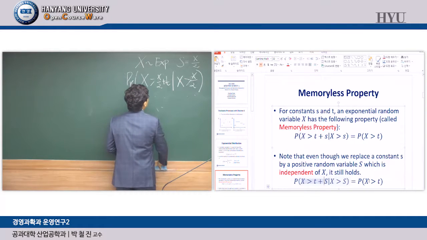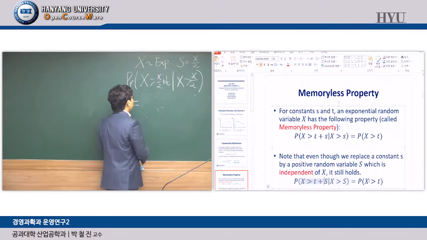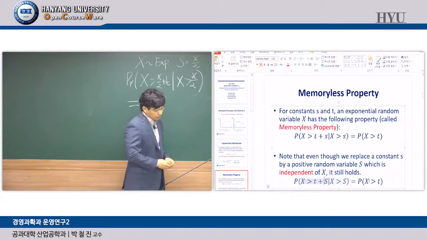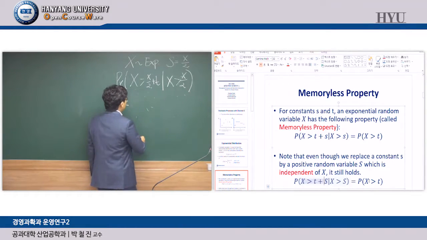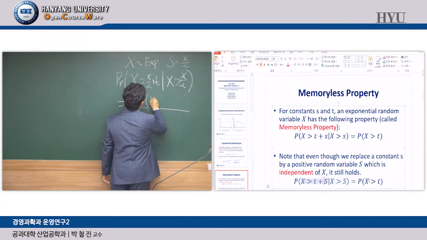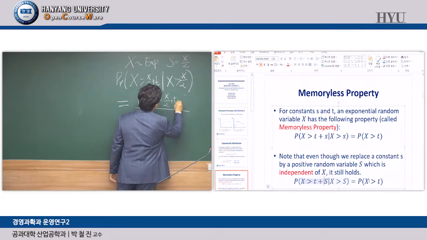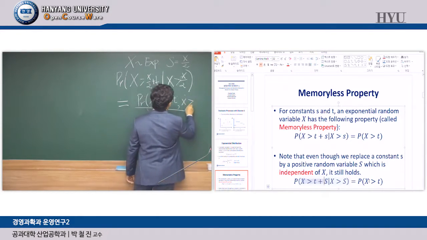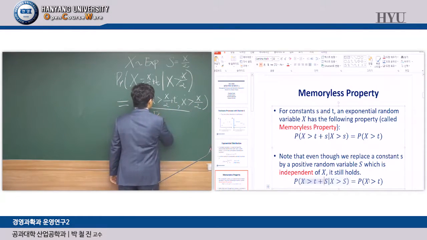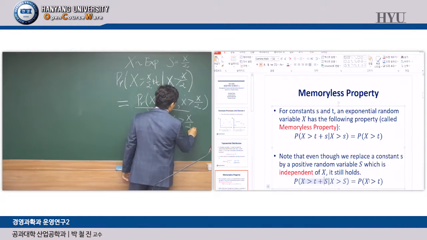And then, based on this situation, what do we know? This one is actually the same as the probability that X is greater than X over 2 plus t, and X is greater than X over 2, divided by the probability that X is greater than X over 2.